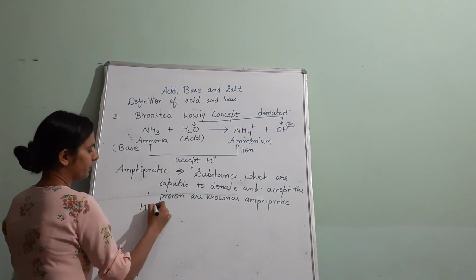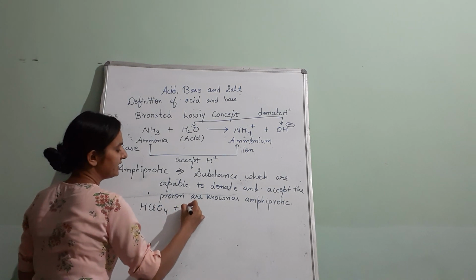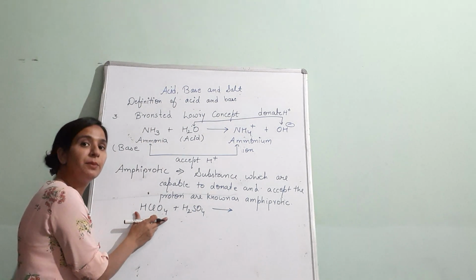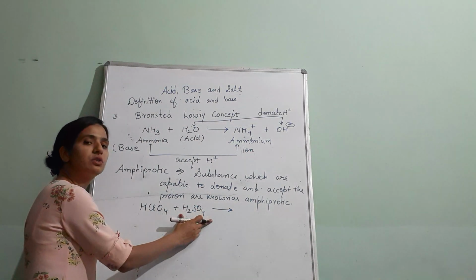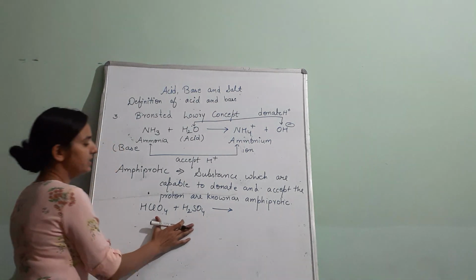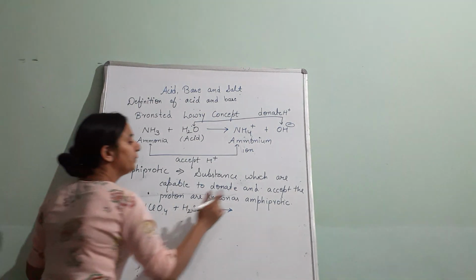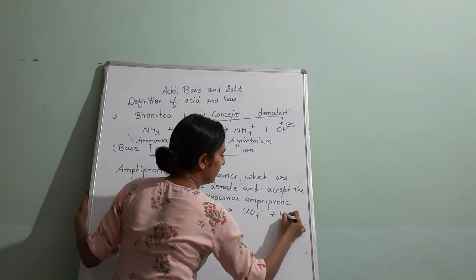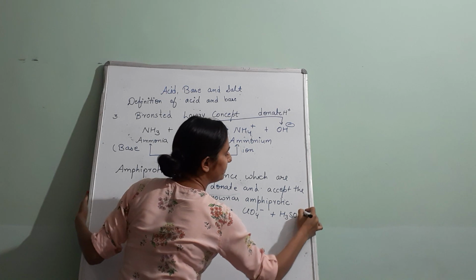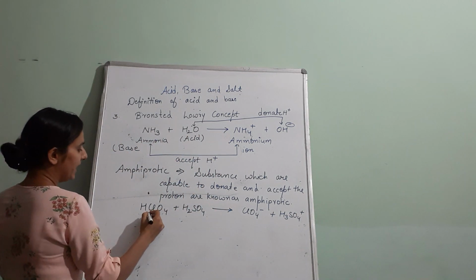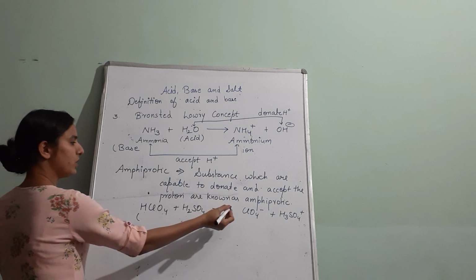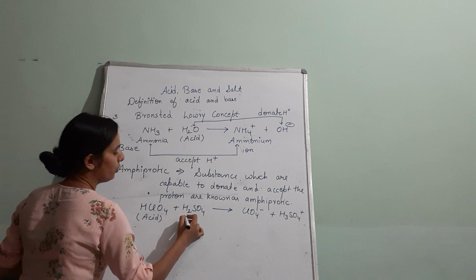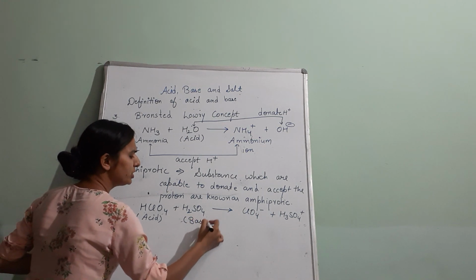For example, HClO4 plus H2SO4. HClO4 is known as perchloric acid and H2SO4 is known as sulfuric acid. When these two compounds react with each other, products formed are ClO4 negative ion and H3SO4 positive ion. So here what happens? HClO4 donates H positive, so this one is acid, and H2SO4 accepts H positive ion, so this one is base.